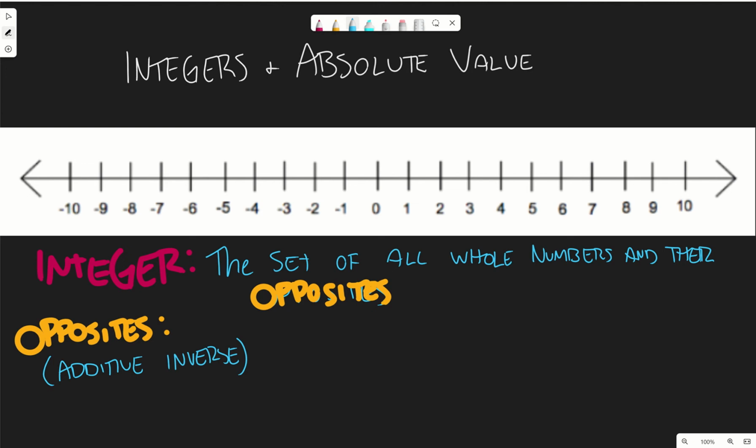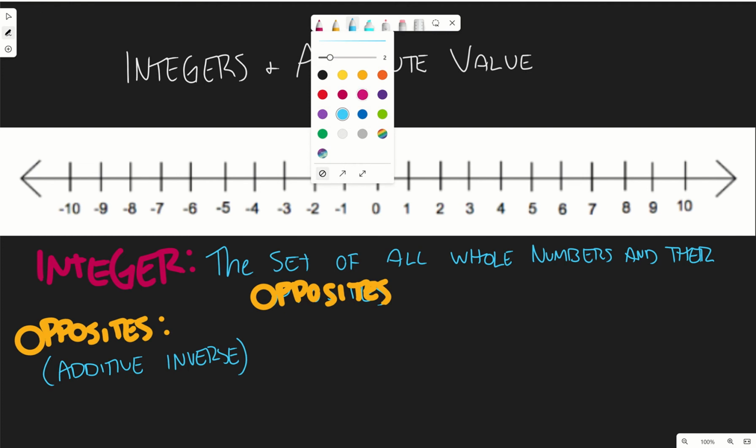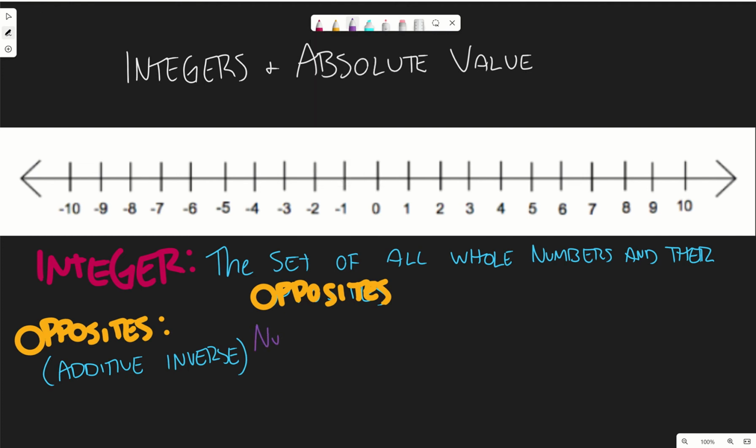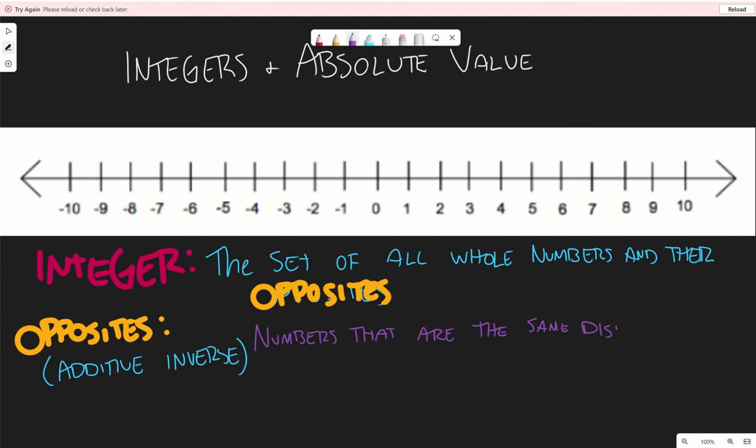This is the numbers that are the same distance from 0 on a number line.